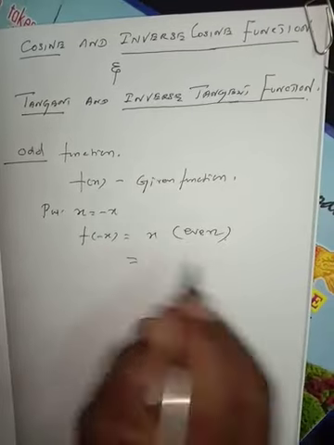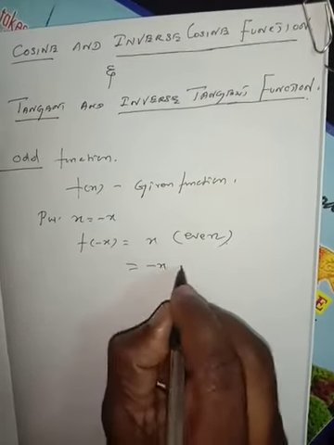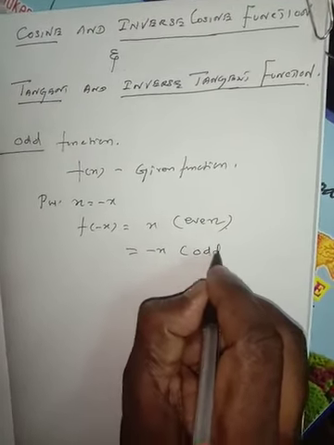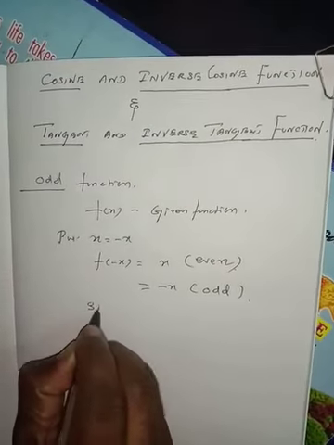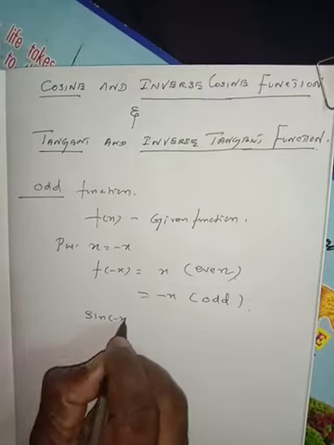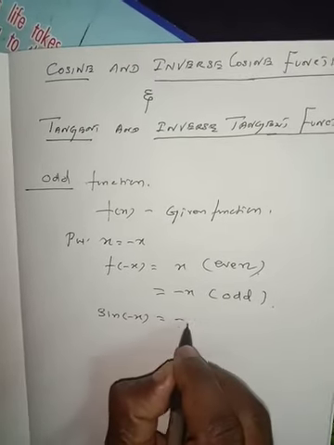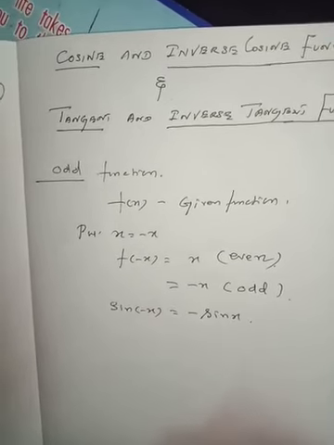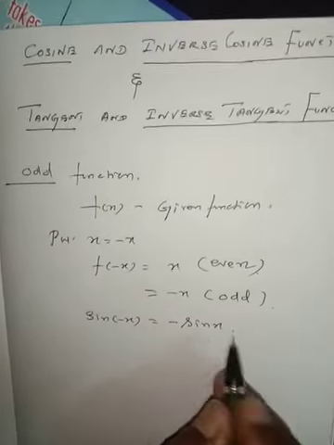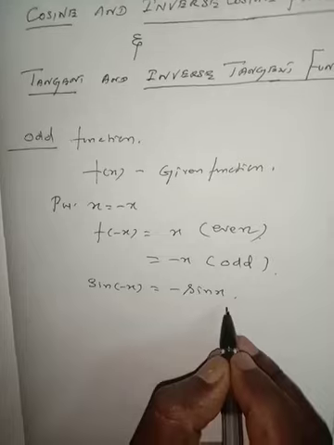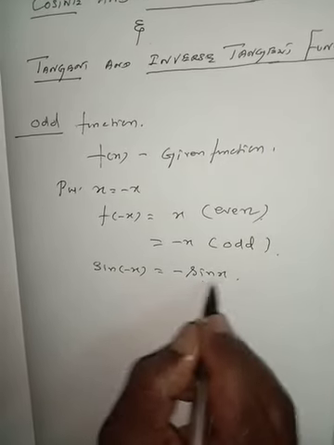If f of minus x is equal to minus f of x, the function is odd. For example, sine of minus x is equal to minus sin x. So the answer is minus f of x.